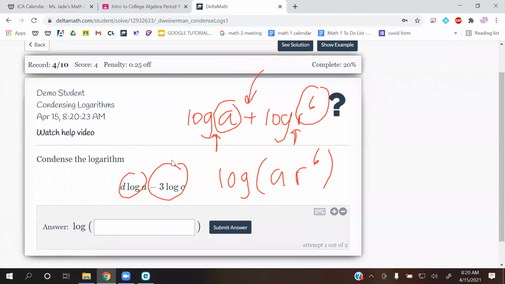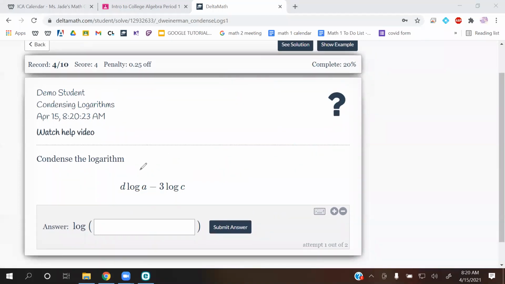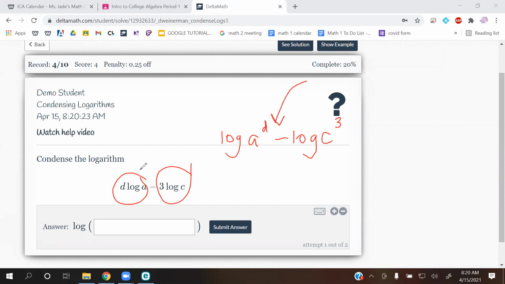One more. Okay, d log of a becomes log of a to the power of d, minus 3 log c becomes log of c to the power of 3. And now since they are being subtracted, that means you don't want to multiply.